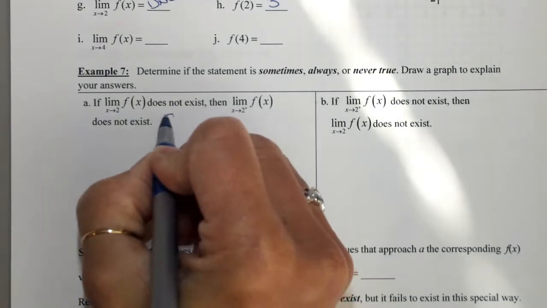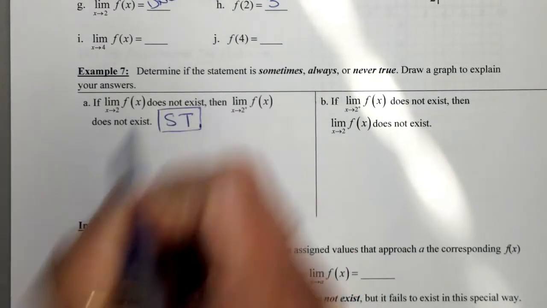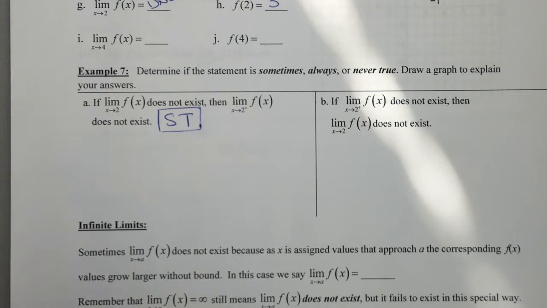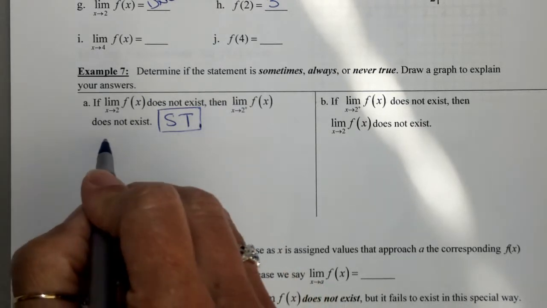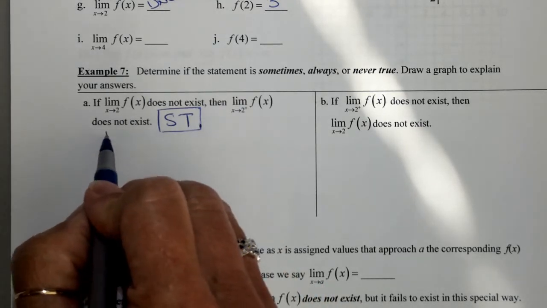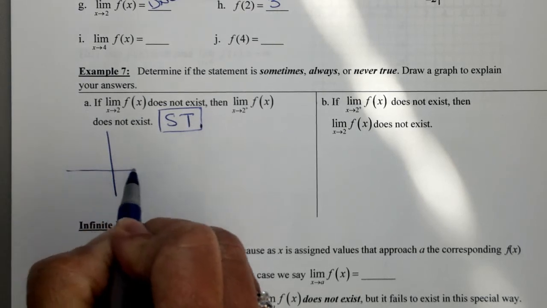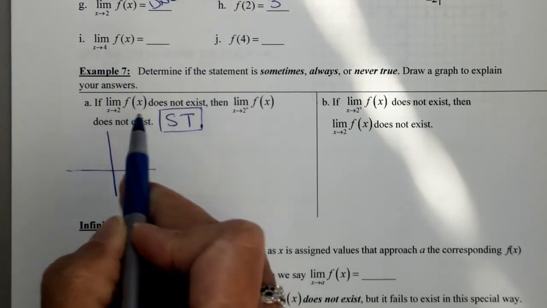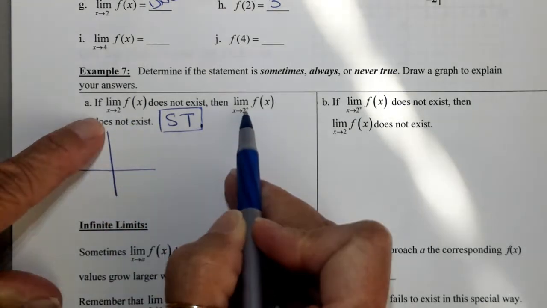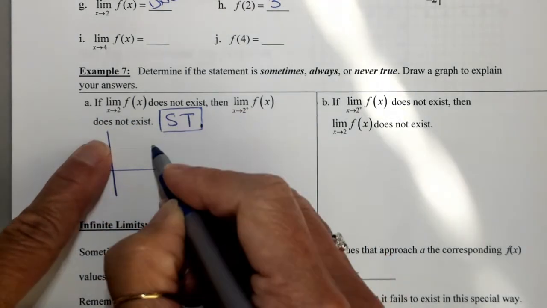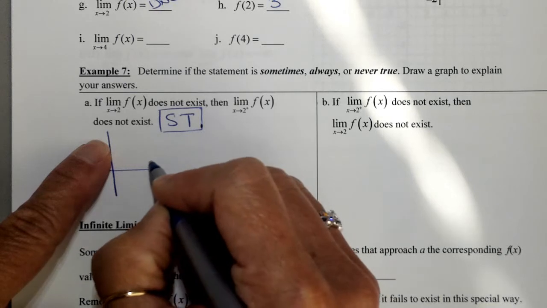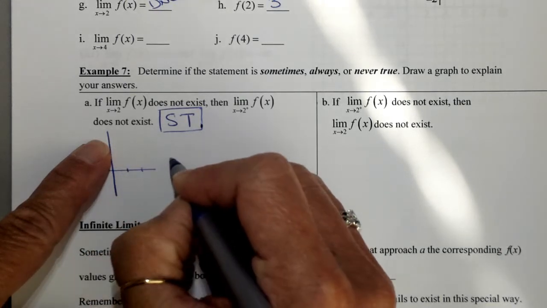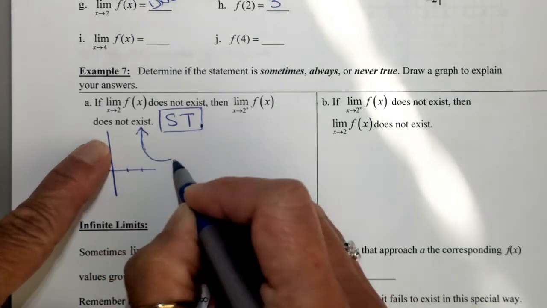Sometimes true. To make this true, we would have, let's say, a graph like this, and we're saying that the limit won't exist, then the limit from the right doesn't exist. So if this is 1, 2, maybe the graph goes up like this.